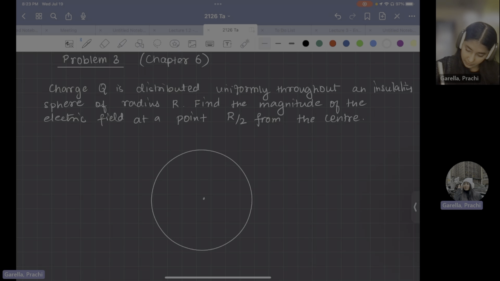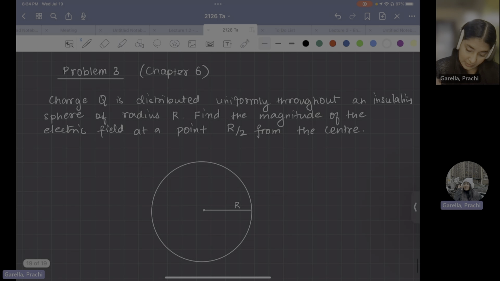Let's draw a sphere, and the radius of the sphere is r. Now the question says find the magnitude of the electric field at a point r/2 from the center. So if we want to find the electric field at r/2, we divide this r into two parts. This is r/2, and we draw a Gaussian surface.